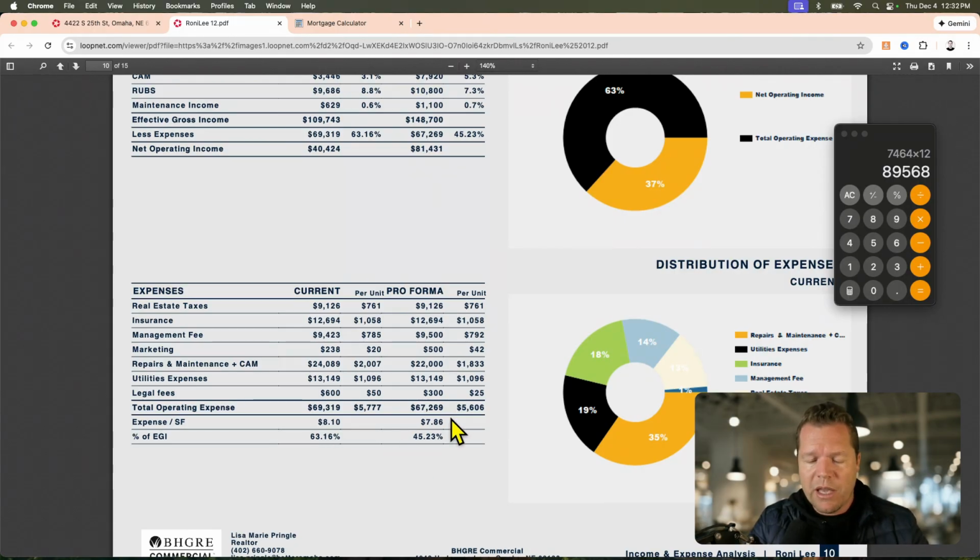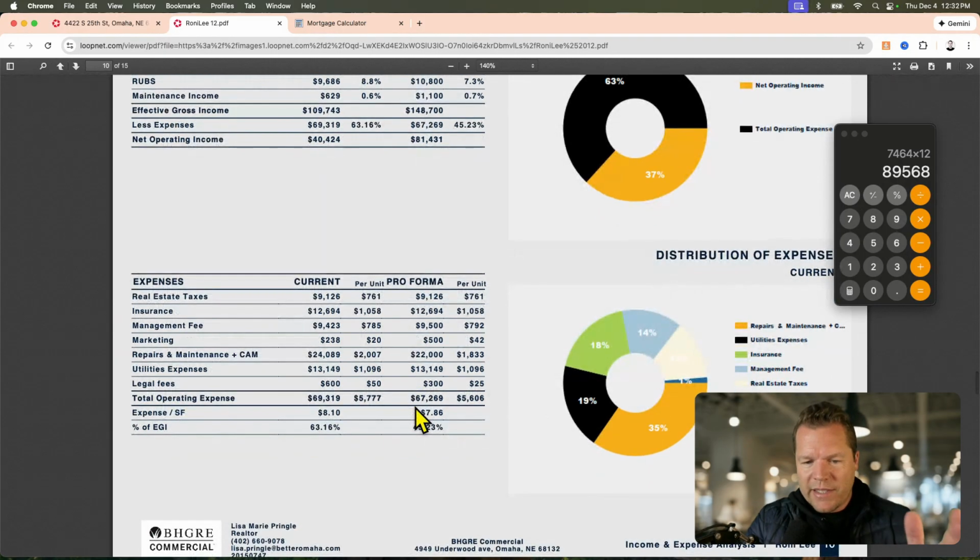So obviously keep in mind here, guys, that there is no mortgage payment included in any of this. And there never is on these because everybody has a different mortgage payment. Everybody finances differently. But that's why I like to do it and say, okay, $89,000 is going to be our mortgage expense. Even in their best case scenario with their lower expenses and their optimistic income, you're still falling short $22,000 a year.